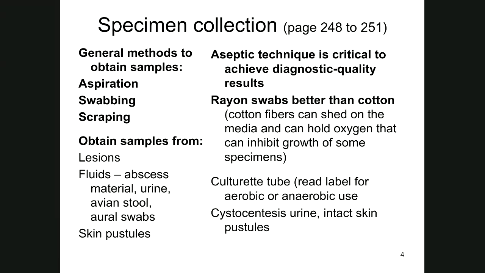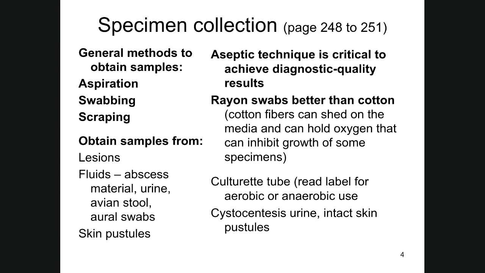Okay, so general methods, again, pages 248 to 251, just an aspiration. You may have some kind of a liquid from the nostrils or in the oral cavity, or there could be also, of course, liquid swabbing, in a sense, from some other liquid.